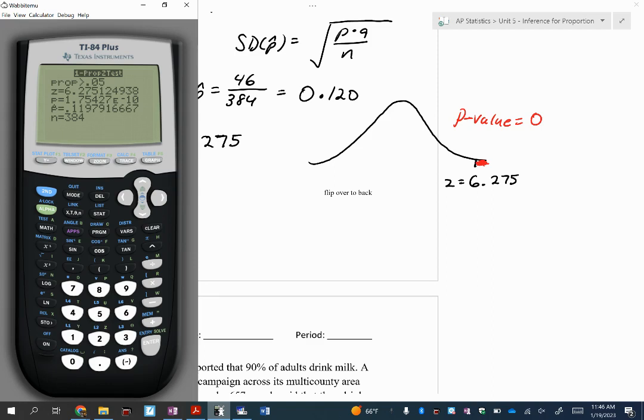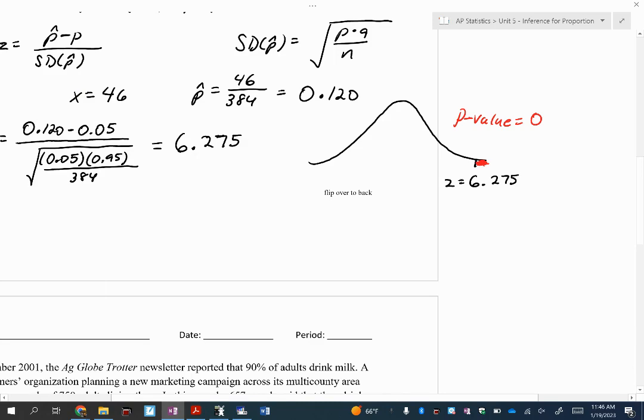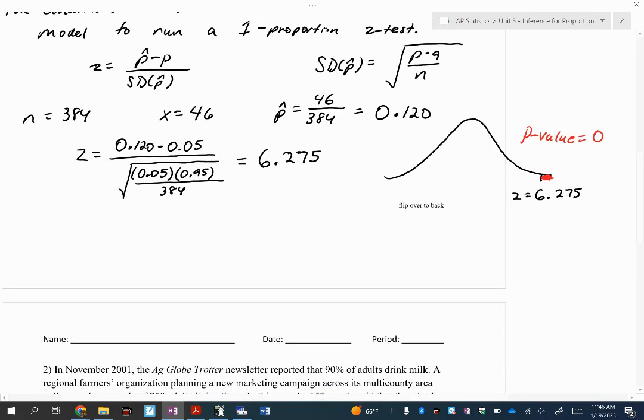So guys, I told you yesterday that a p-value is a conditional probability, all right? So if I assume that the rate of children in the United States that have a sign of some type of congenital abnormality is 5%, and I go to this study and find out that 46 or more out of 384 have that congenital abnormality, the likelihood of that happening is essentially zero.